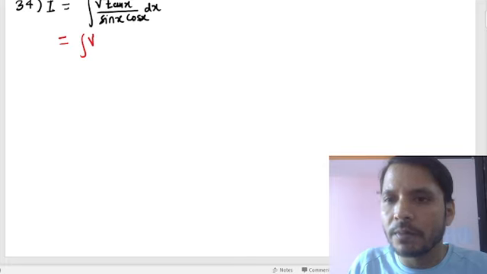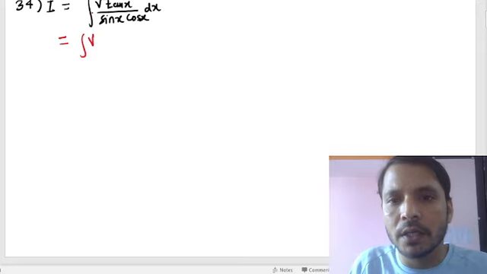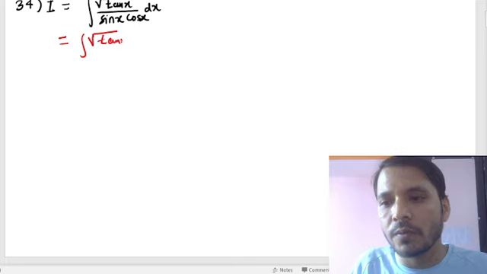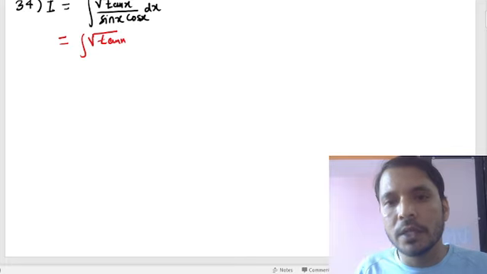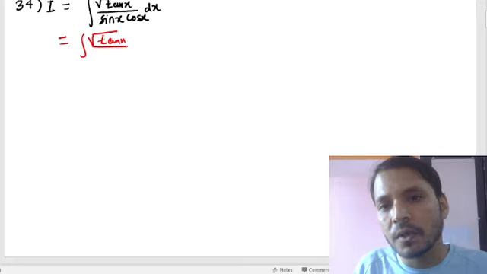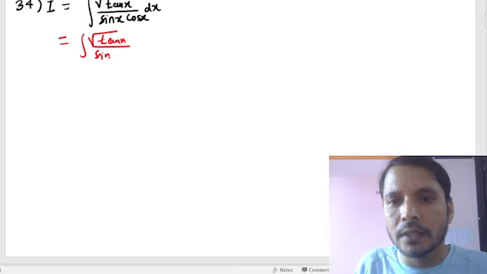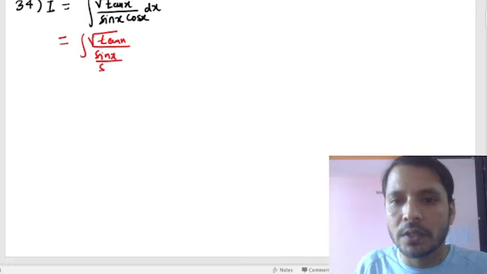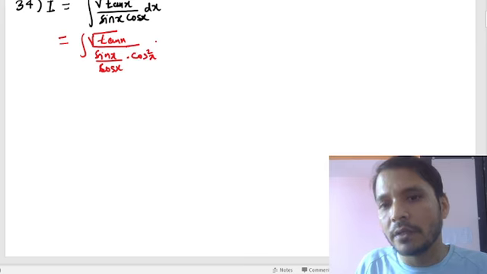Here tan x will be as it is, but the denominator will become sin x cos x into cos x, so it becomes cos square x into dx.